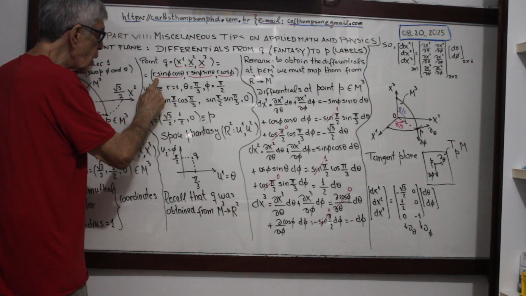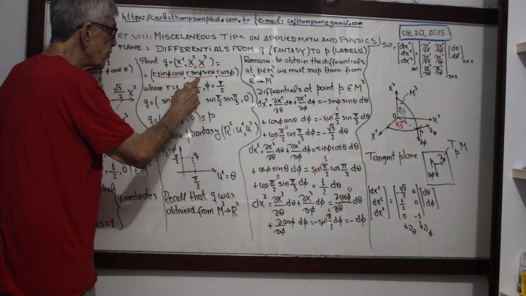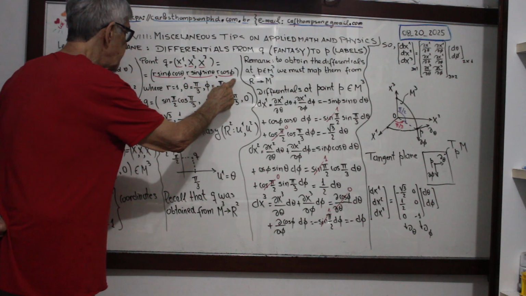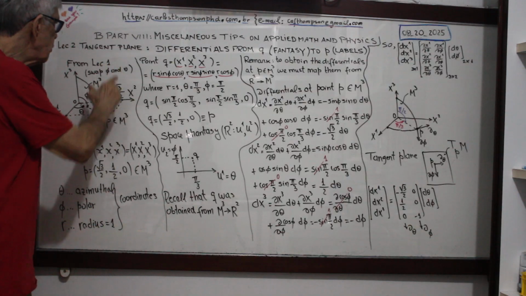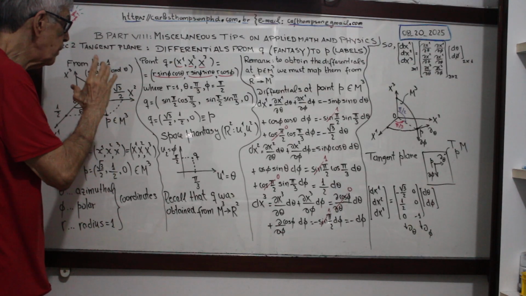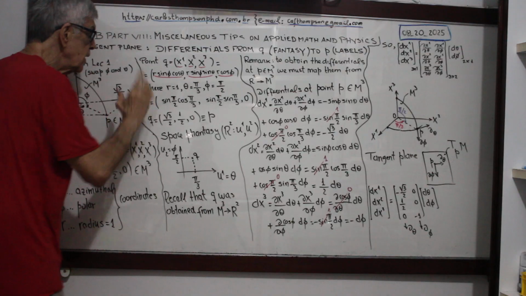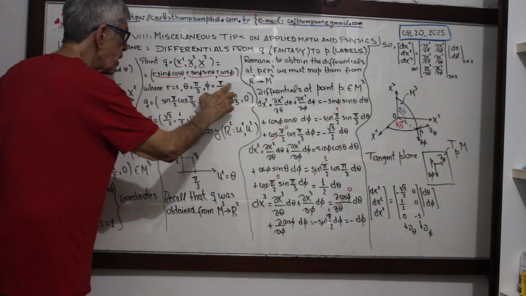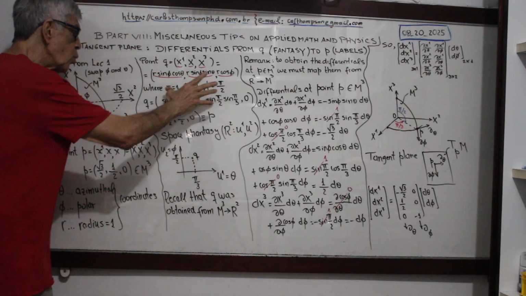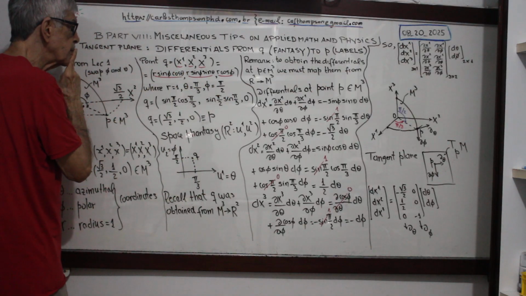R sine phi cosine theta, R sine phi sine theta, and R cosine phi. R is 1. You remember from lecture 1, theta is equal to pi over 3, and phi is pi over 2, with R equal to 1.